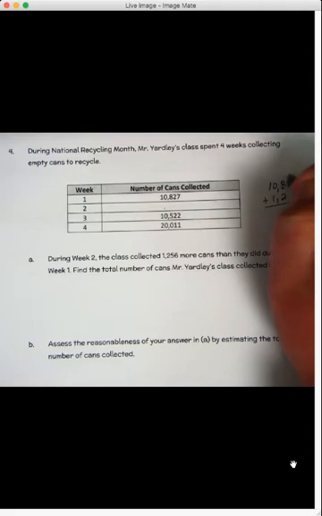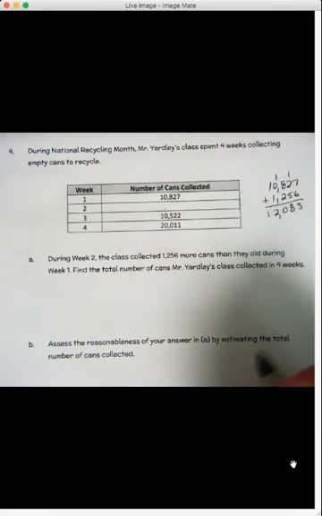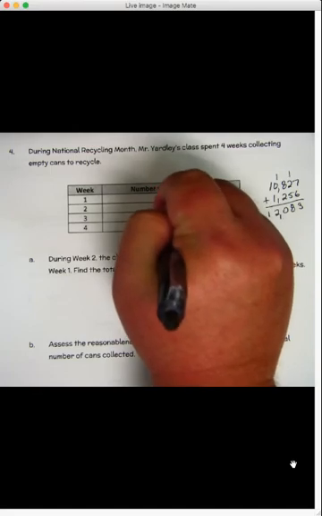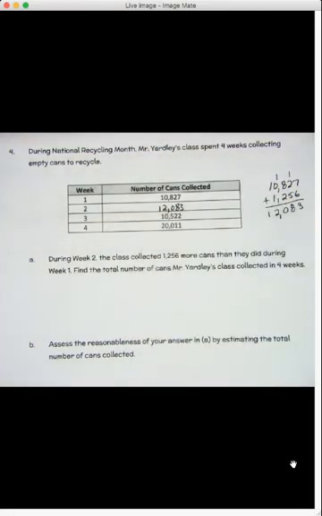Put a 3 down, carry a 1. 1 plus 2 is 3, plus 5 is 8. 8 plus 2 is 10. Put our 0 down, carry our 1. 1 plus 0 is 1, plus 1 is 2. 1 plus nothing is still 1. So this tells us that in week 2, they collected 12,083 cans.